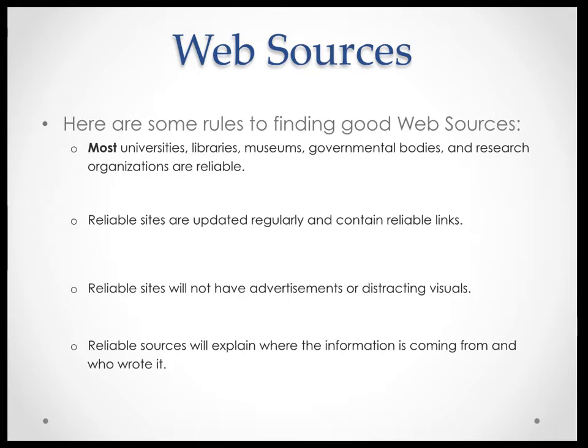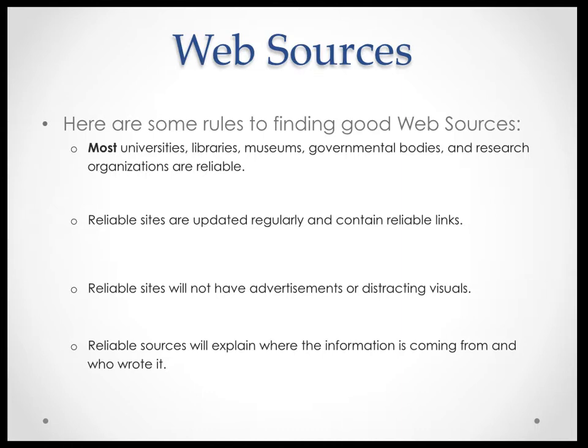However, you should always look for the following things, even on these websites. Reliable sites are usually updated regularly and contain reliable links. If you run into a website where links aren't working or it's giving you some kind of error message, the website is probably not being kept up on a regular basis. This may mean that it's not reliable.